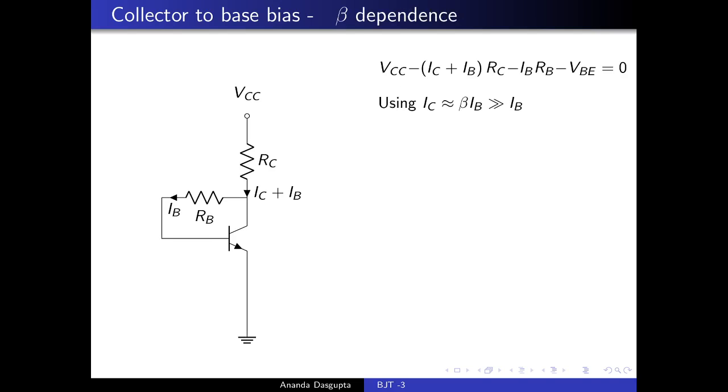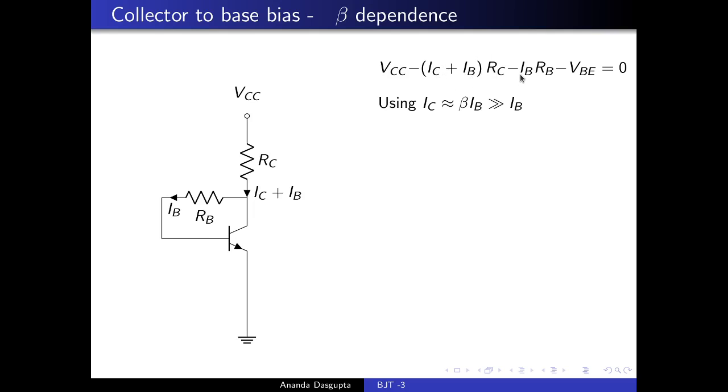But if you look at the equation once again and just try to find out a formula for IC, now we're going to take a look at the beta dependence. And as far as the beta dependence is concerned, we can just ignore the ICO term. That's really very small. Let's just use the fact that IC is almost beta IB, and that's much bigger than IB. So in this expression, you can just replace IC plus IB by IC.